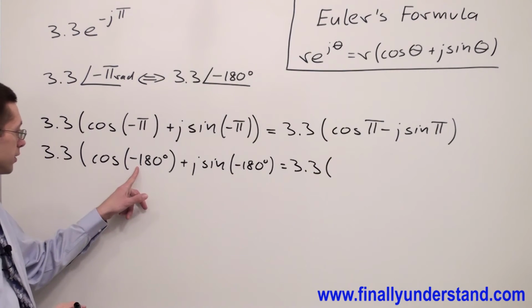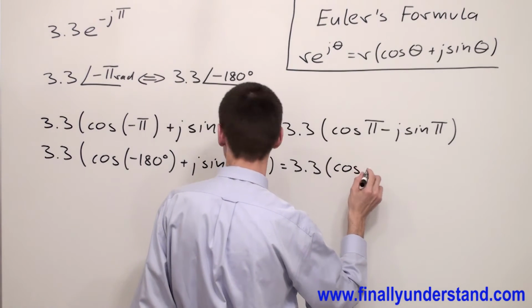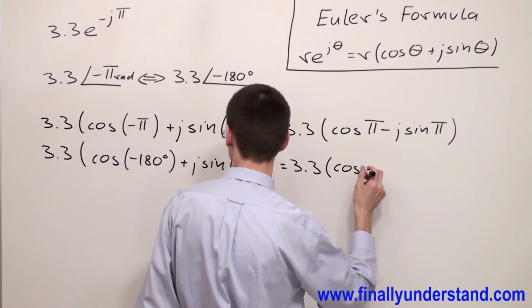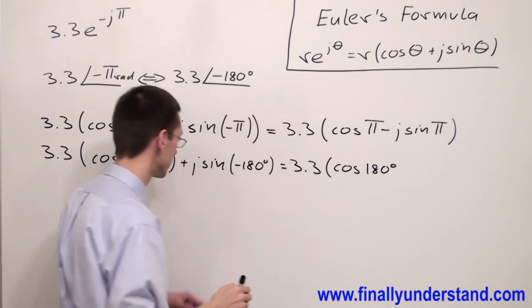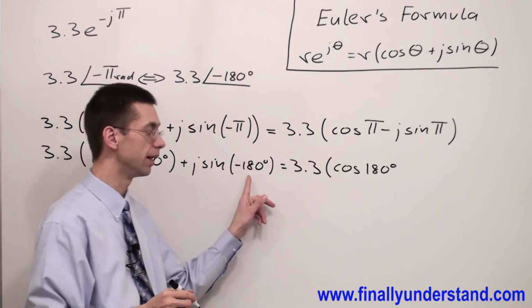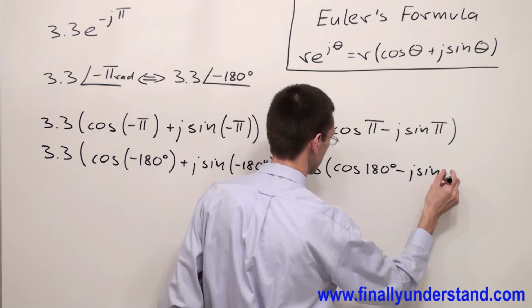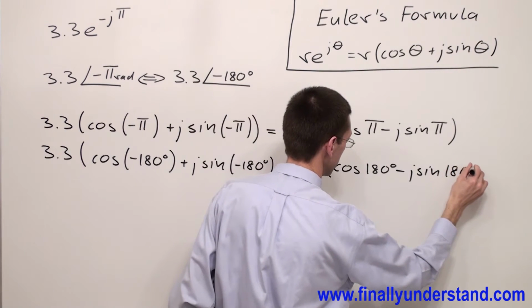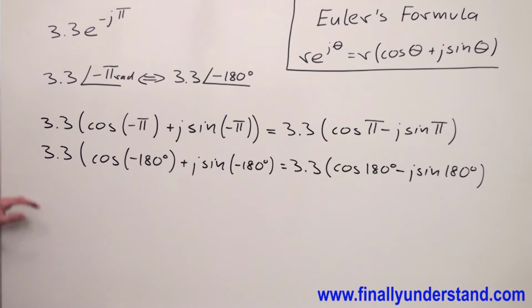Cosine of the negative angle will give me cosine of 180 degrees, and sine of negative angle will give me negative j sine 180 degrees. So I'm finished with trigonometric forms.